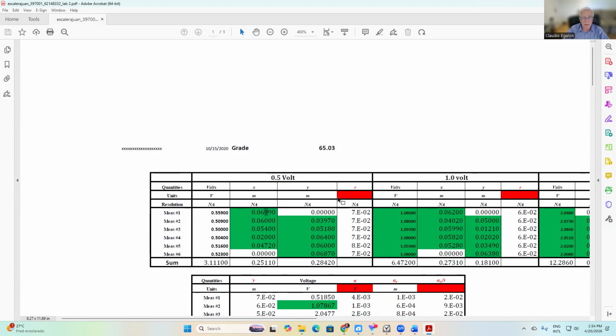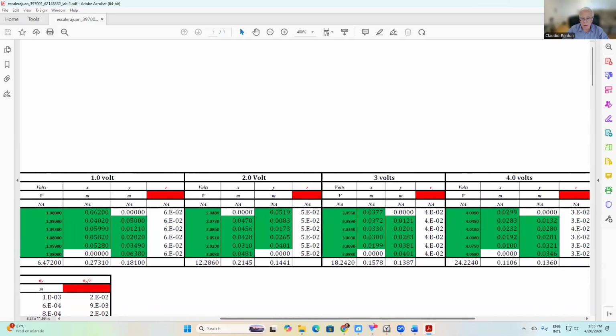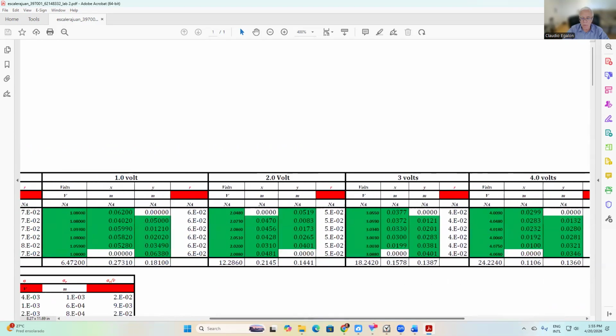And here you go. The student missed the unit for R. Put a unit of volt for the sigma. Didn't put any unit for the sigma divided by R. Okay. Green color all over the place.